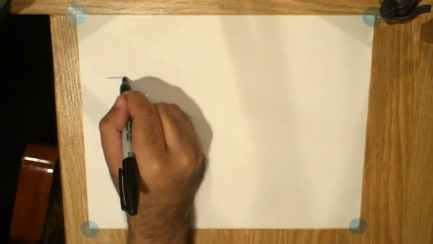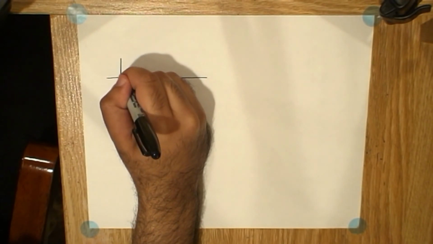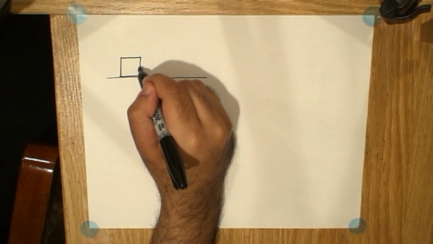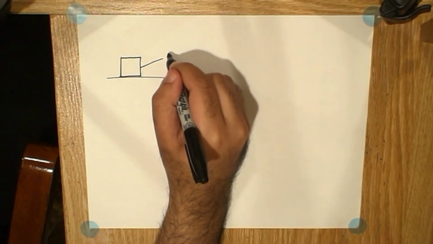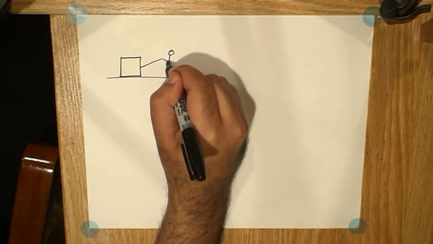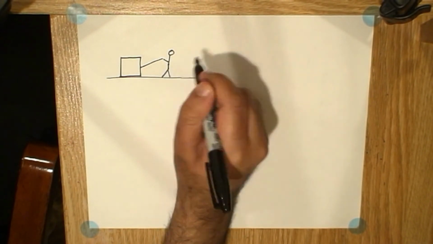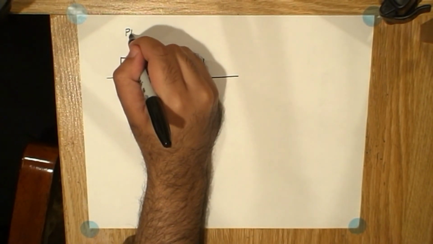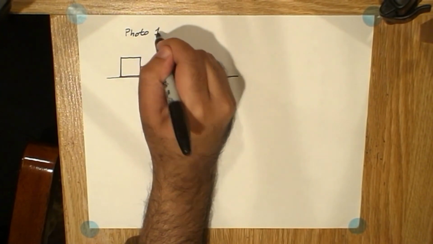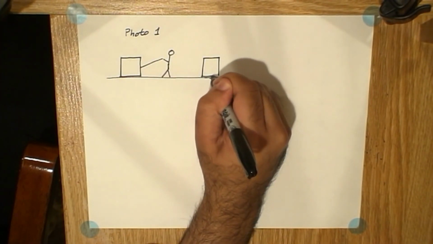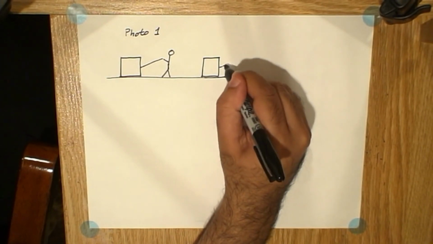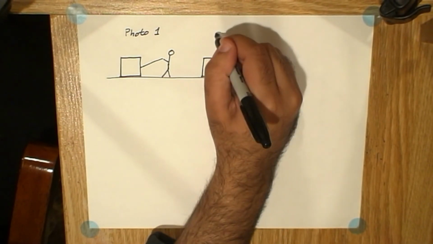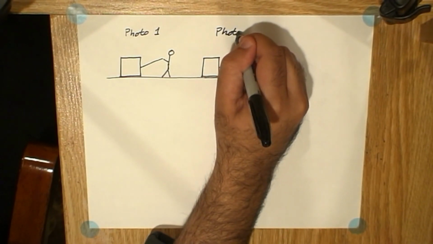In this case, we have an object which is sitting on the floor, and you are dragging it using a rope. So if this is photo 1 over here, where you just start moving it, then this over here is going to be photo 2, the location that you have moved it to.